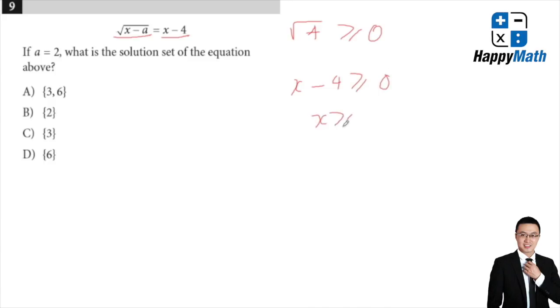It means x has to be greater than or equal to 4. So if you take 3, then 3 minus 4 equals minus 1. It cannot be the final answer because the radical cannot have a negative value. So A we cancel, B less than 4 cancel, C less than 4 cancel. So after that I have only D as my final answer.